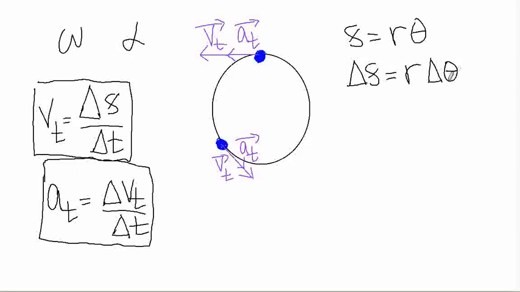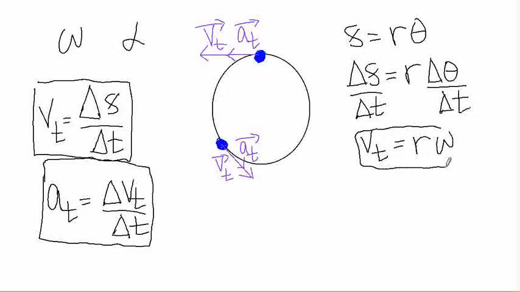All right, let me divide both sides by delta t, and the left side is equal to what I called v sub t, and the right side is r times the definition of omega. So there is the relation between v sub t and omega.